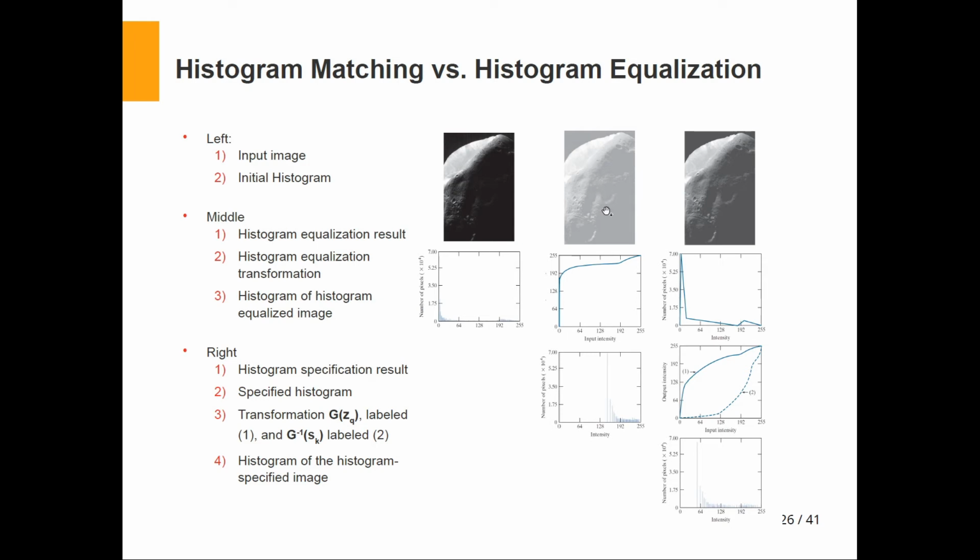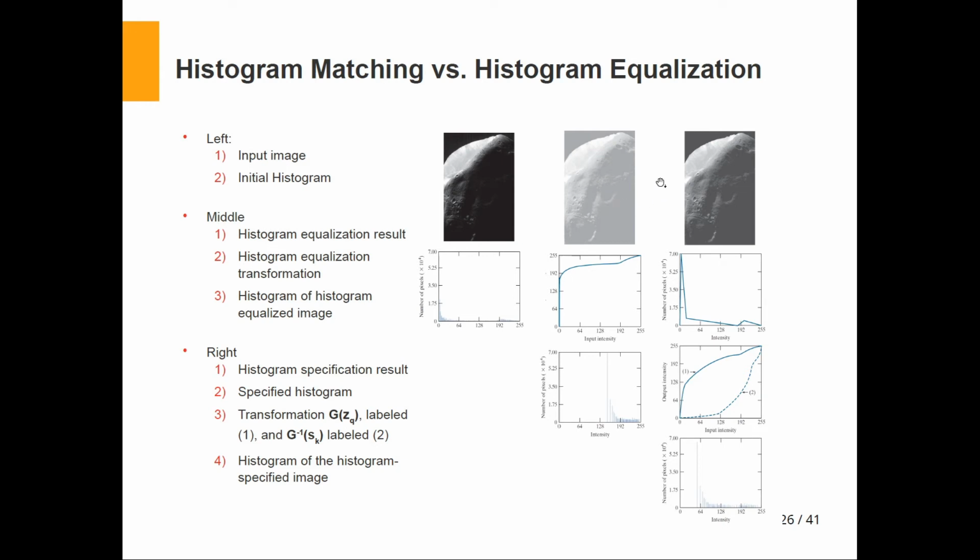The image in the middle is the result of histogram equalization. As you can see, the appearance of the image is much brighter than the original one. There are some details that were not visible. For example, in this region, because of the very dark appearance, we cannot see some of the details, but in the histogram equalized version, it's much easier to see them.